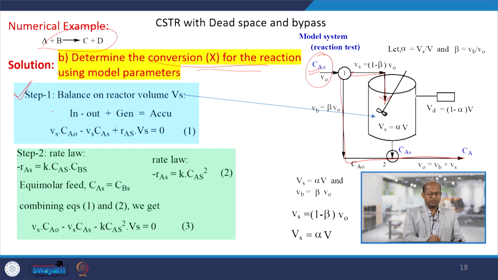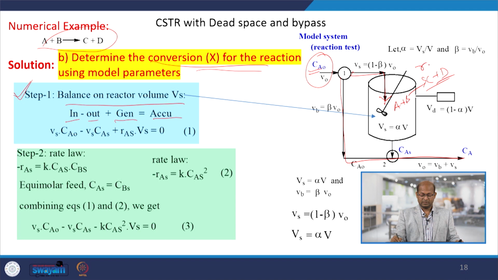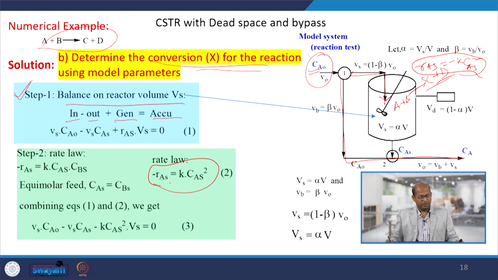Okay. So, now the material balance for the system: input minus output plus generation equals accumulation. At steady state there is no accumulation. Since there is a reaction A plus B going to C plus D, the reaction is going on there, so it has a particular rate, rAS equals minus k CA square, if it is given, or otherwise we can consider this rate law.